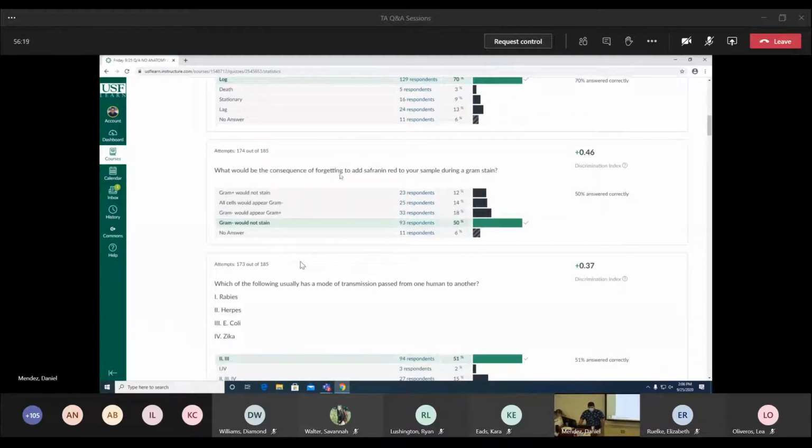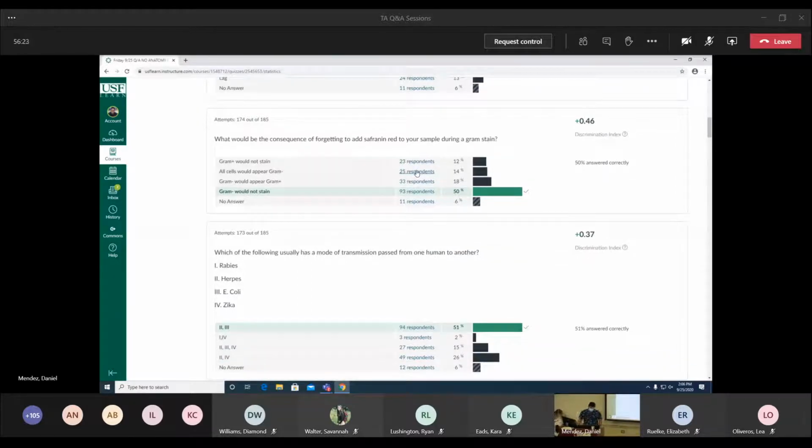What would be the consequence of forgetting to add safranin to your sample during a gram stain? Also saw people had problems with this one. So remember the steps of your gram stain and what actually is occurring in those steps. The very first step is adding your crystal violet, which is your initial stain. That's going to stain everything purple. Then you add your mordant, which is iodine.